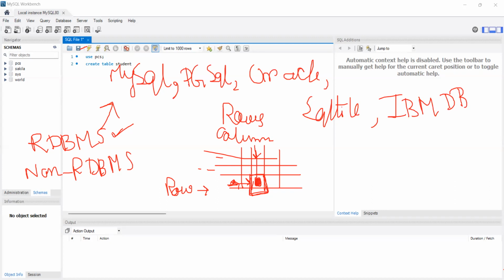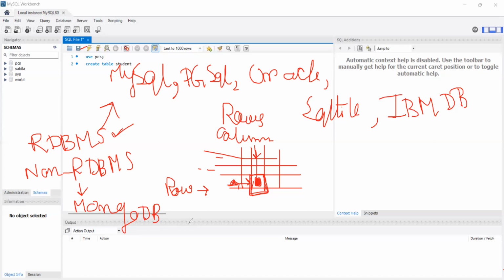So that's also RDBMS. MySQL, PGSQL, Oracle, SQLite, IBM DB, all are relational database management systems. Okay, and what is an example of a non-relational database? That is MongoDB. Yes. So if an interviewer asks you for an example of a non-relational database, you can give MongoDB.